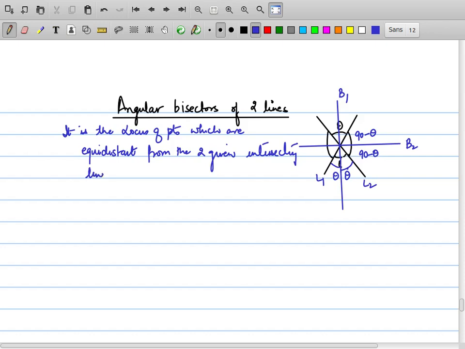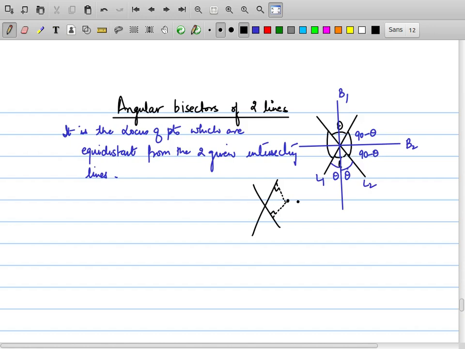What does this mean? If we have two intersecting lines and we want to find points which are equidistant from these two lines, that is a point whose distance from this line and this line are equal, and when we say distance, it should be the perpendicular distance.